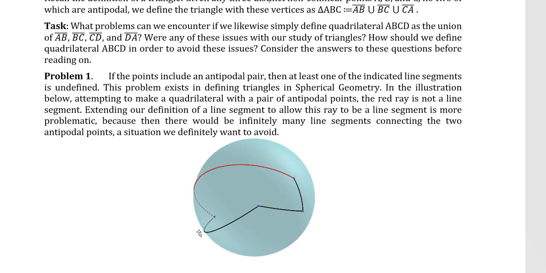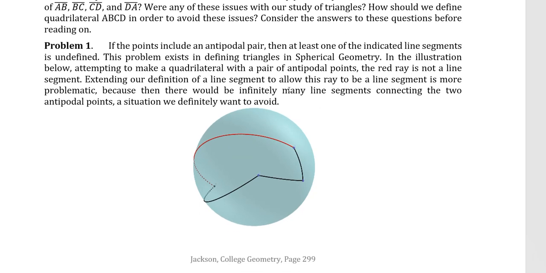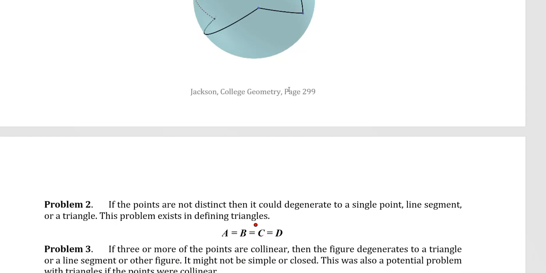And so this shape, even though it's kind of like a quadrilateral, isn't really a quadrilateral in the sense that we don't have these line segments all the time when we have some antipodal points. So we want to avoid that situation, so we're going to make sure we keep the non-antipodal as part of our definition.